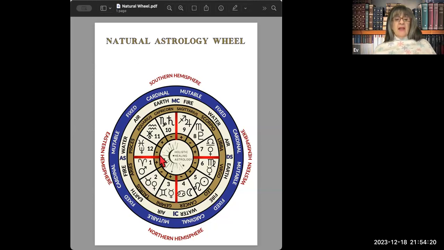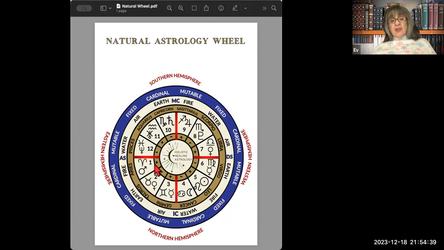And then the corresponding elements, which are here in this other ring, and corresponding modalities, which are the components of the signs.